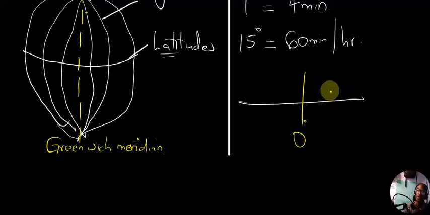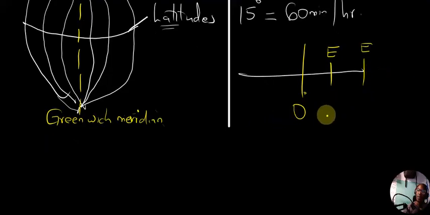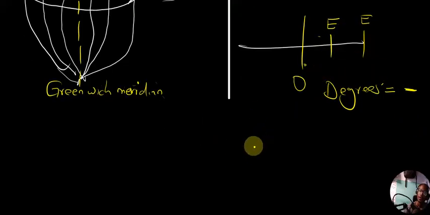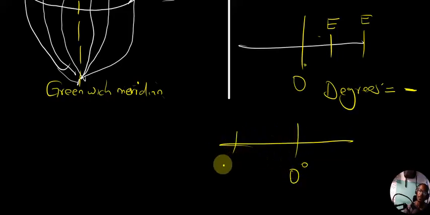When we have two towns on the same side, this is the eastern side, we have two towns on the eastern side. To find their degrees, we minus. Also, if they are on the same side, like west, we have to minus the degrees.